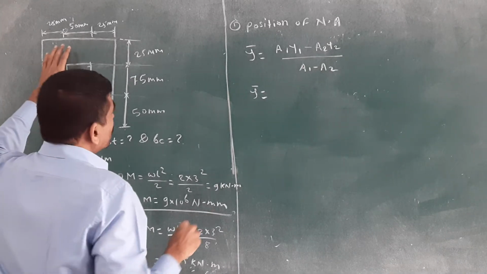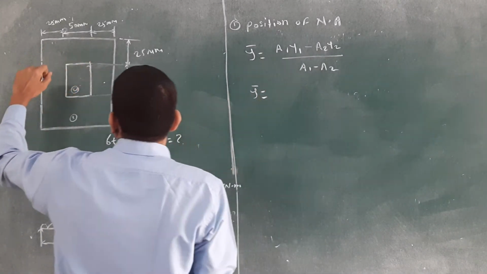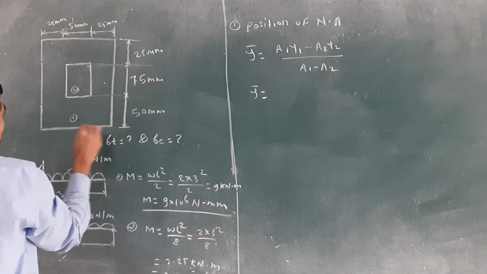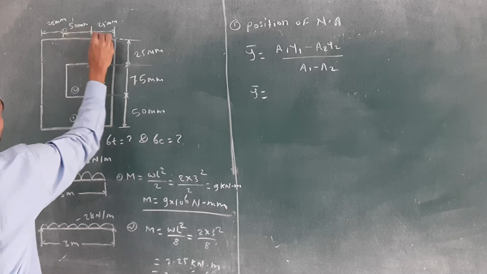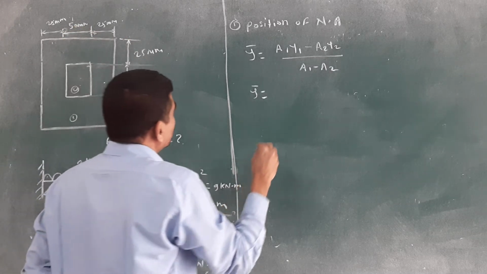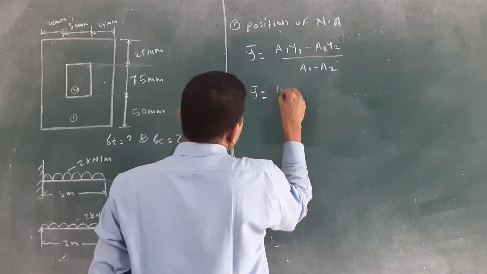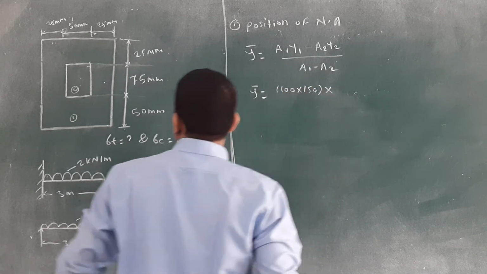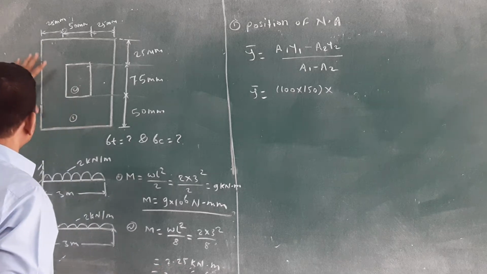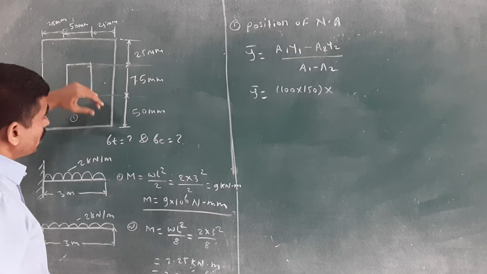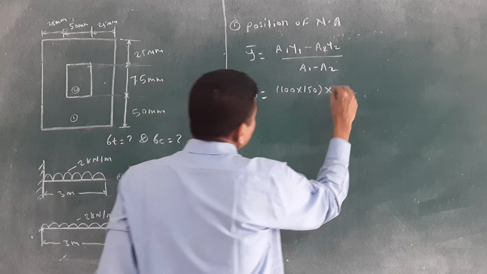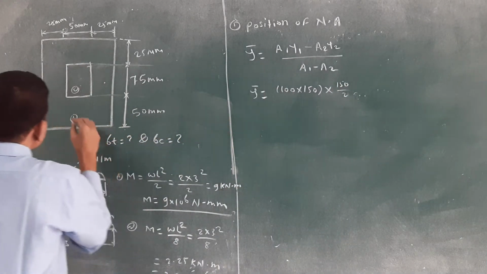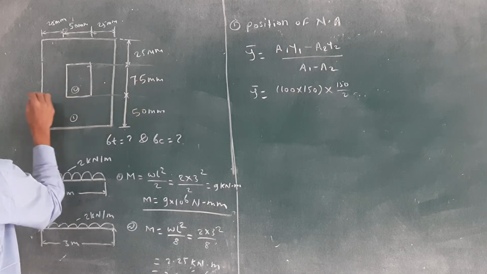Don't think about that. See, y bar is equal to, what is the area one? What is the area of the outside or bigger rectangle? It is 100 by 150, 100 into 150. How to calculate the y1 value? The total depth is given as 150, so 150 divided by 2.